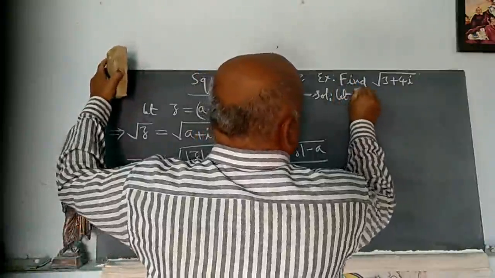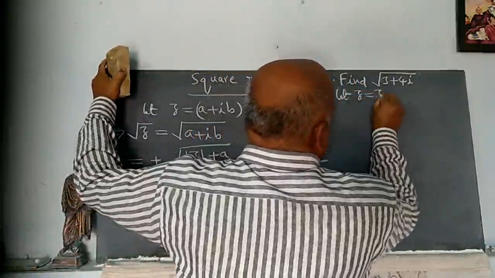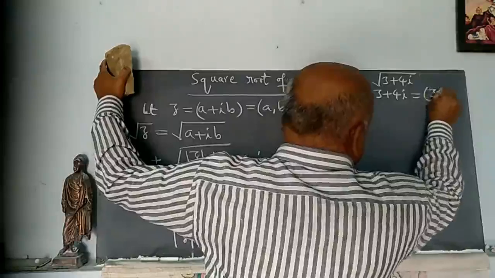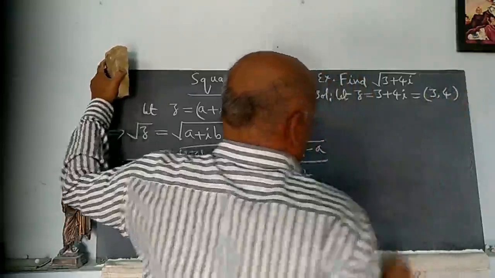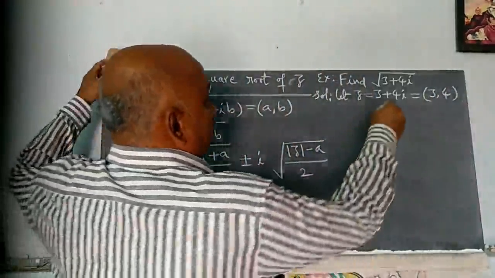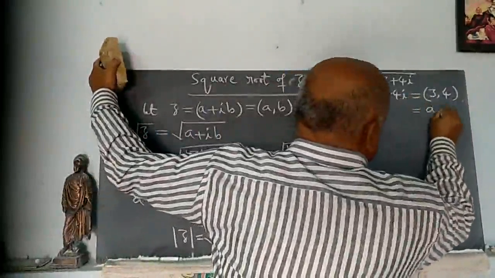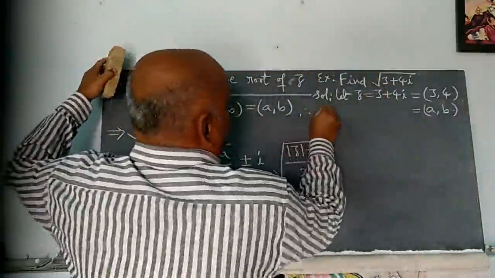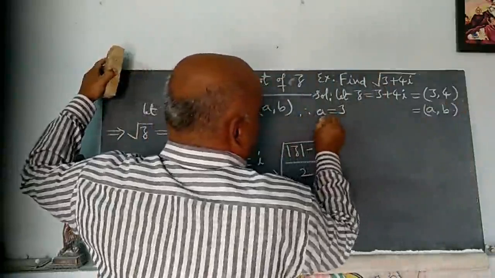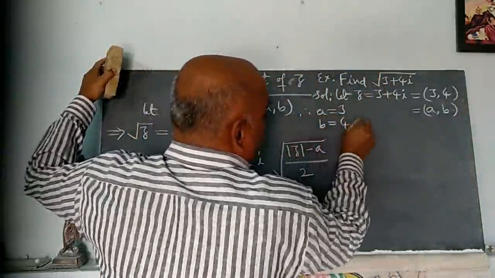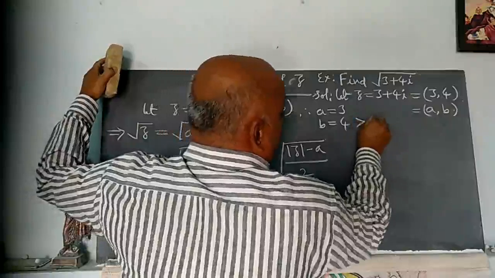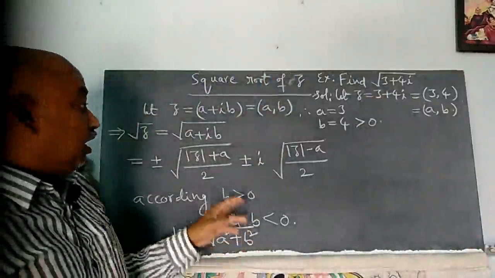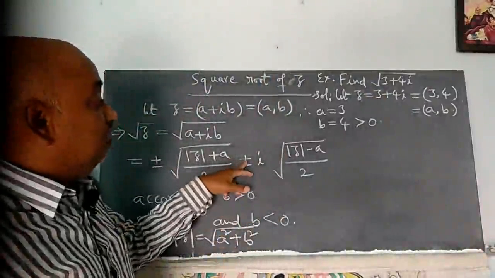Let z equal 3 plus 4i, which is the ordered pair (3, 4), equal to (a, b). Therefore, a equals 3, b equals 4, and 4 is positive, greater than 0. So in the formula we have to consider the plus sign.